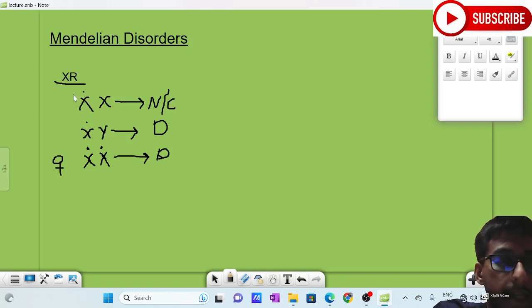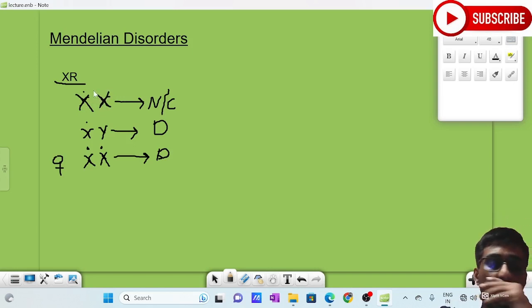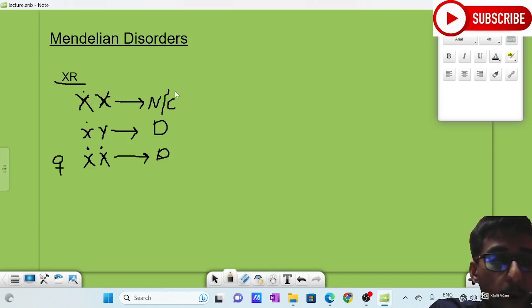But in case of female, if one X is affected out of 2X, it is in a heterozygous condition, right? So the organism will be normal, but it will be a carrier for the next generation. We will discuss how it is being carried out. So this is the case of X-linked recessive disease.